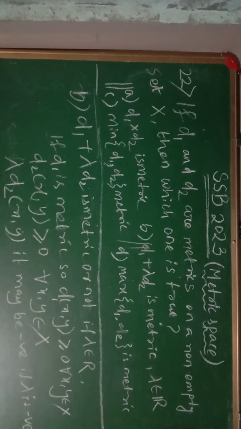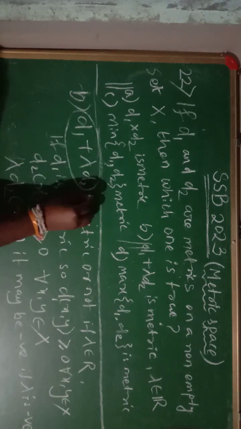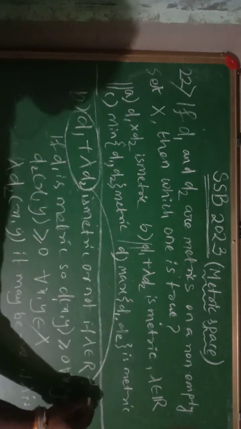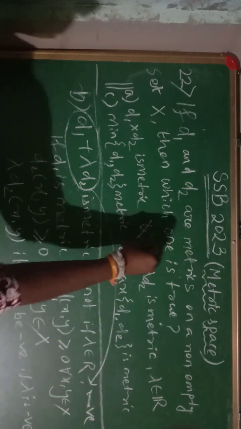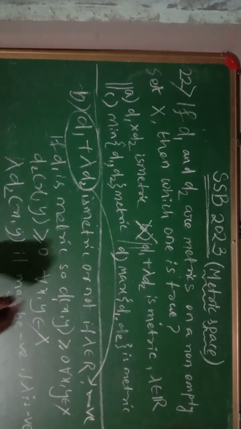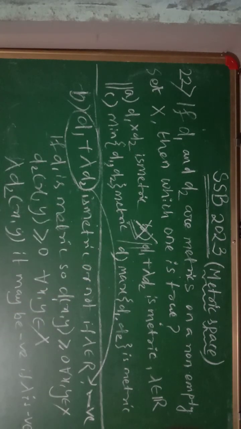If lambda is negative, lambda D2 of X comma Y is negative. So D1 plus lambda D2 may be negative. So option B is cancelled. Our second property does not hold here. So option B is wrong.